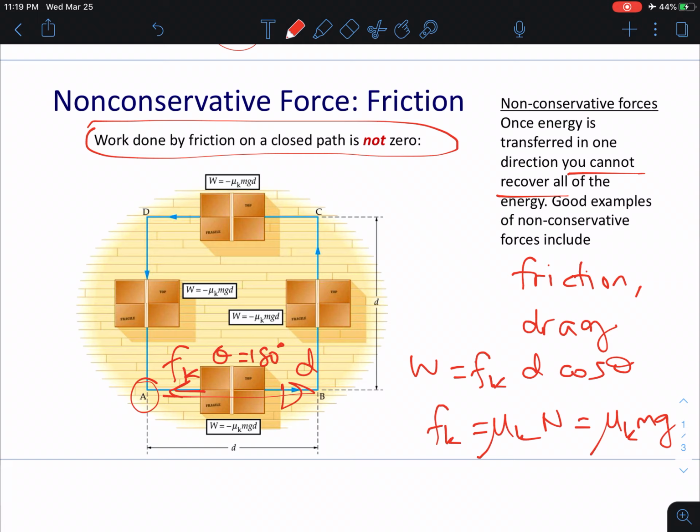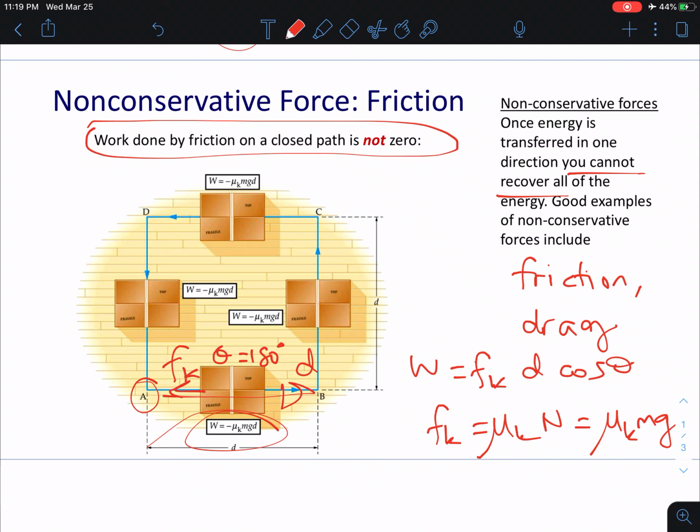Okay, so if you put these together, Fk is mu k mg, times d, times cosine theta. Cosine 180 is -1. So what you're getting from A to B is that the work done by friction is negative mu k mg d.